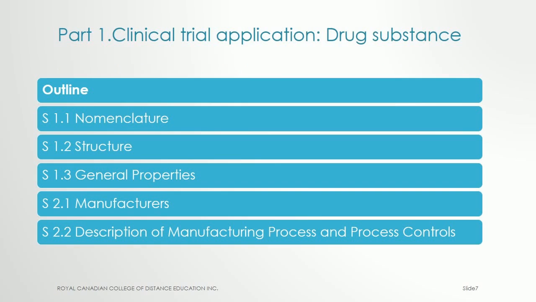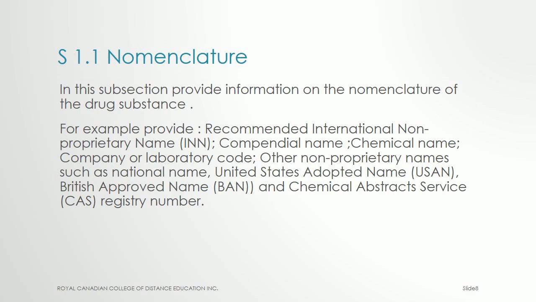Part 1. Clinical Trial Application, Drug Substance. We will describe the information relating to the following in a clinical trial application: nomenclature, structure, general properties, manufacture, manufacturers, description of manufacturing process and process controls. Nomenclature.